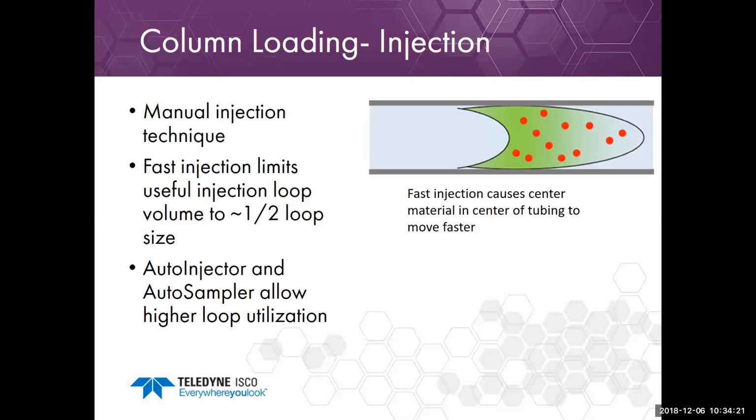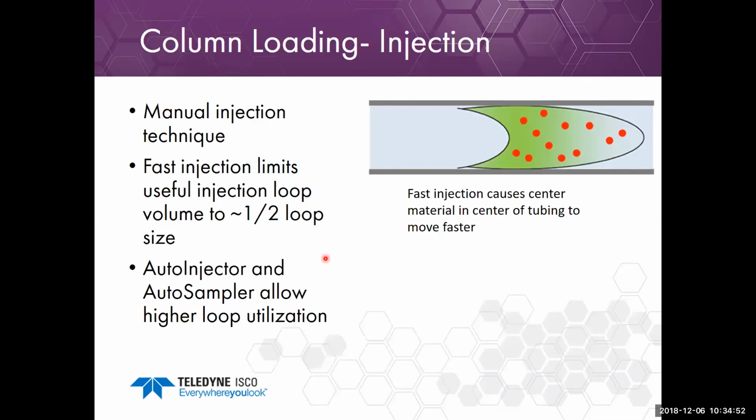Using a manual injection technique, a fast injection limits the useful injection loop volume to only half the loop size. So if you have a 5 mL loop, you can only use about 2.5 mL of that sample loop, because the center runs a lot more quickly than the walls during injection, especially with viscous solvents such as DMSO or DMF.